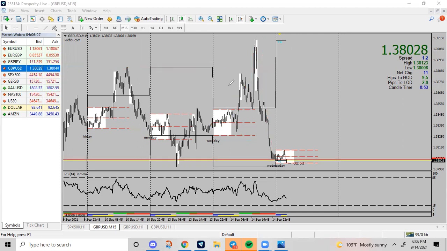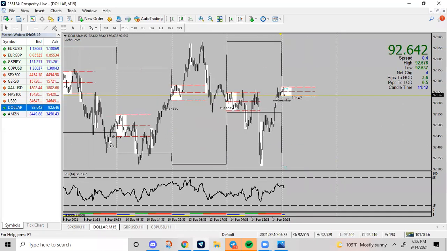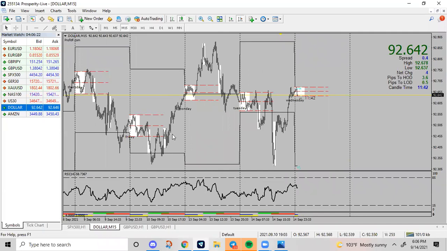When you use this in correlation with your DXY and your other pairs, these are strong moves in the market. You notice that the DXY did the power of 3 to the downside and cleared out lows, and now we're pushing to the upside. With GU, it's the same thing.